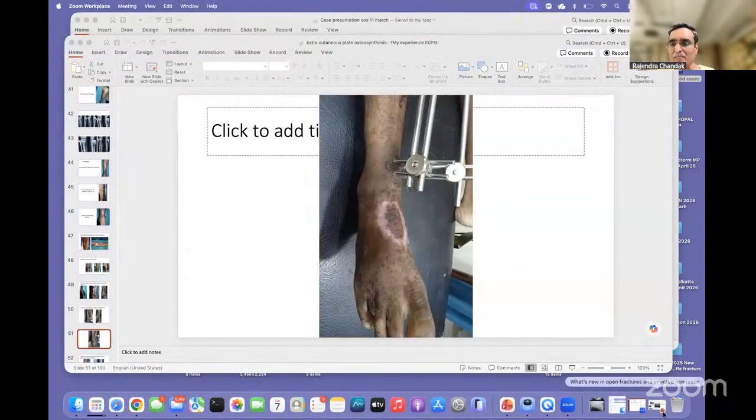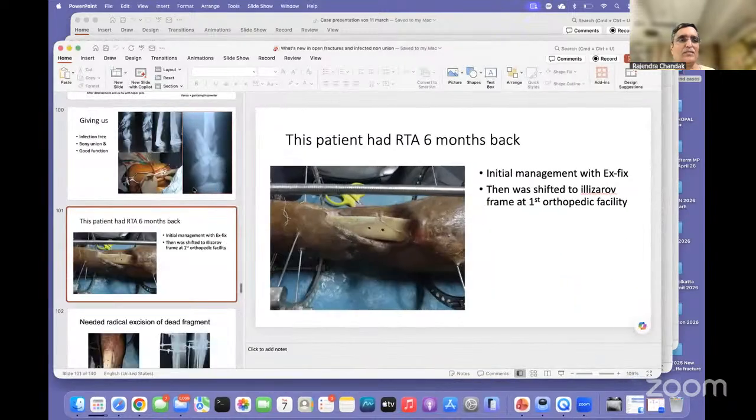Yeah, I'm just sharing it. Able to see the slides?